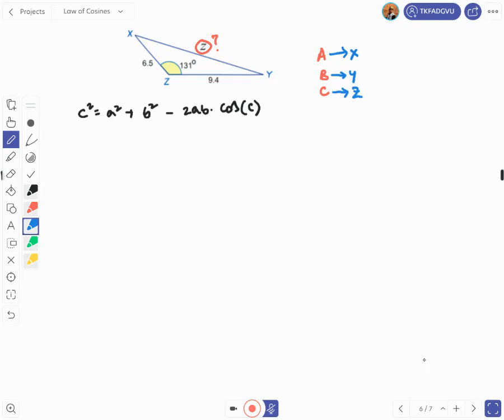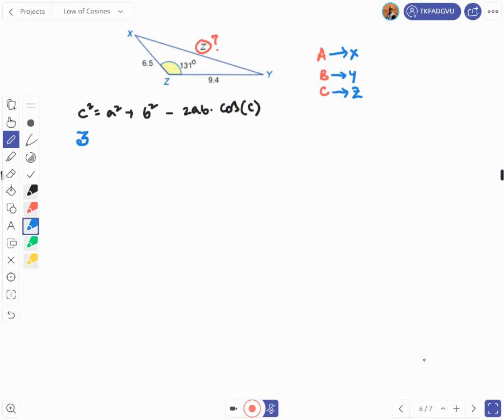So let me rewrite the formula. Please remember, the first values are all lowercase letters. So let me write that c means z square. Please notice that I write uppercase Z and lowercase z in the same way. So z square, it is not 3, it is z.